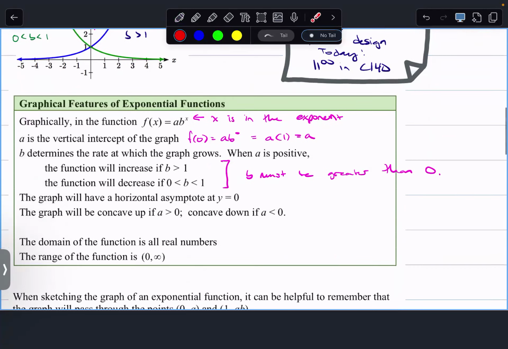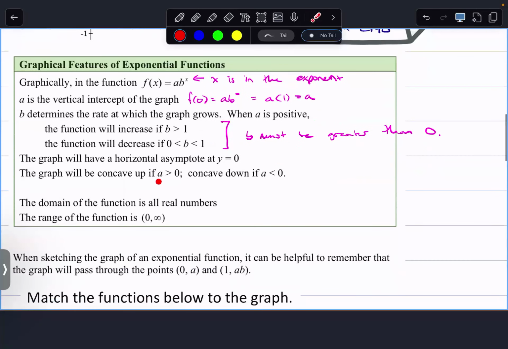We talked about horizontal asymptotes. We've seen asymptotes before, where the function approaches a line, in this case at y equals 0, but never touches it. So it's outside the range. In our case here, we're going to have a horizontal asymptote at y equals 0.